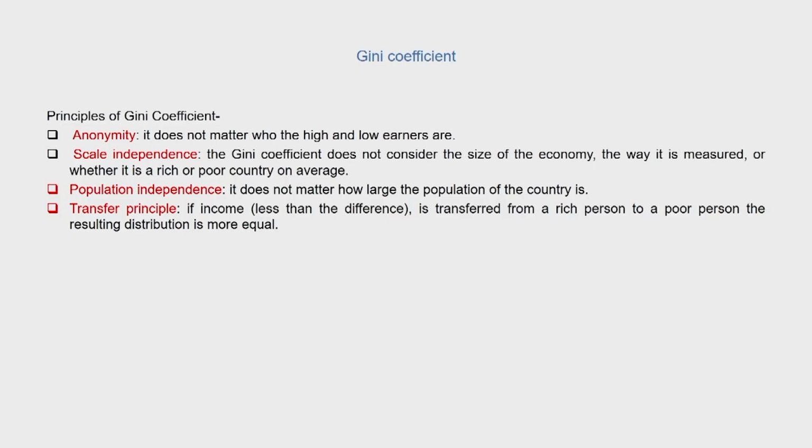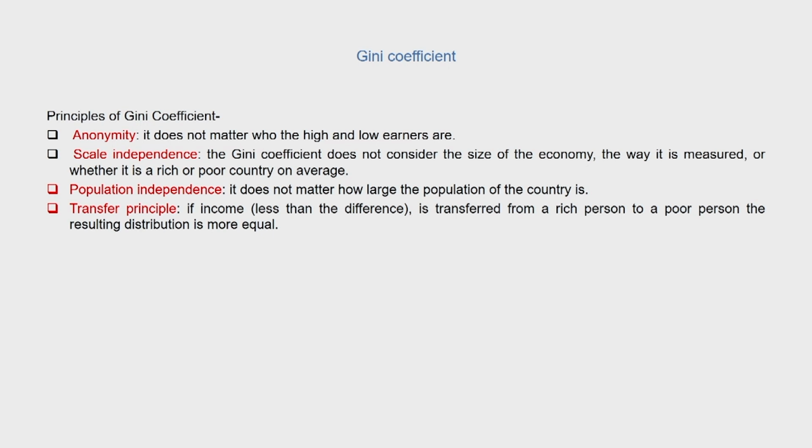It satisfies the principles of anonymity, scale independence, population independence, and the transfer principle. So it does not matter who the high and low earners are to estimate the Gini coefficient. The Gini coefficient does not consider the size of the economy, the way it is measured, or whether it is a rich or poor country on average.